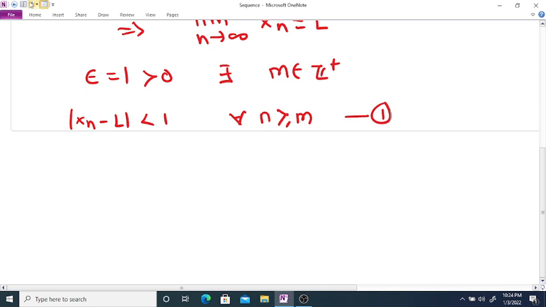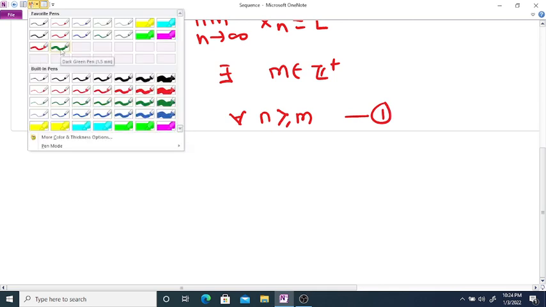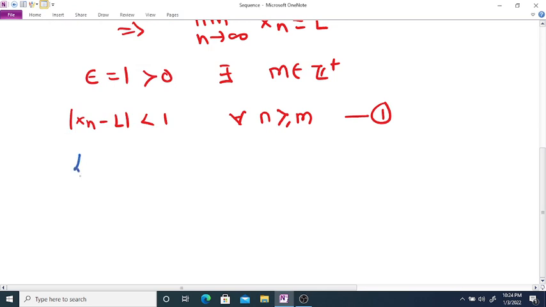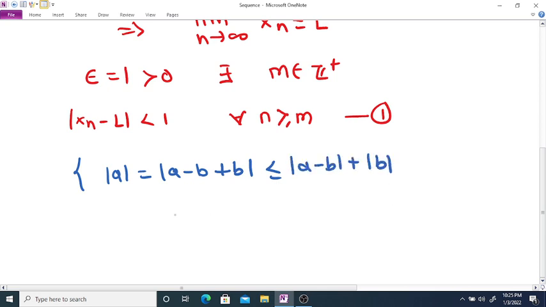Now from the absolute value function, we know some basic concepts. First, mod of a, which is the same as mod of (a minus b) plus b, where we add and subtract b, is less than or equal to mod of (a minus b) plus mod of b.